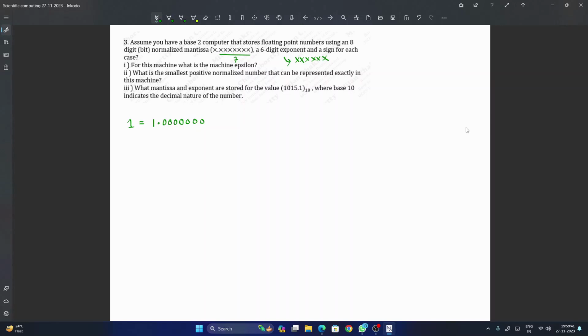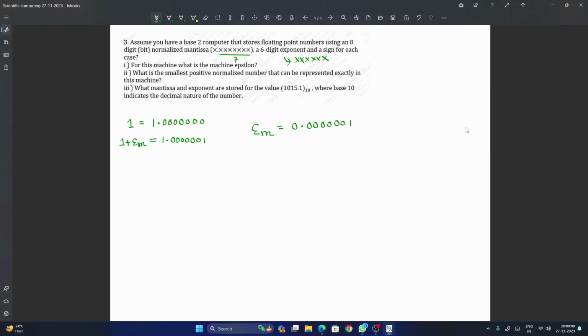Then the next number after 1, which is 1 plus the machine epsilon, will be 1.0000001. So what will be the epsilon m then? 0.0000001. That is the number.